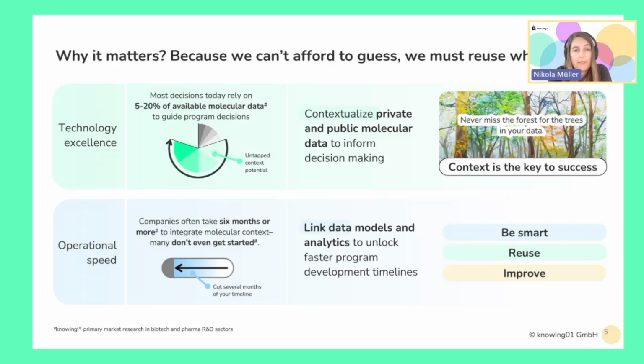We do this by linking data, models, and analytics across the entire development process. The slogan we're using is: be smart, reuse, improve. There's so much data being generated, put into the public domain, or already sitting fully unexplored within the company. So with the right technology, you can be really smart, but also with a substantial amount of data, take the decision in an easy way.